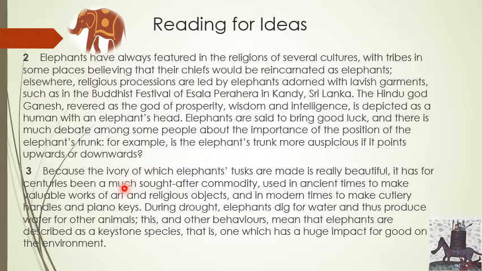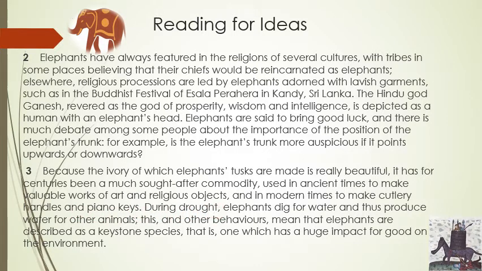Now, the next paragraph talks about the use of ivory. Ivory is actually the tusk of the elephant, and it was very valuable in the past. Valuable works of art were made, religious objects were made. In present time, cutlery, handles, and piano keys are made. They are also made during drought.